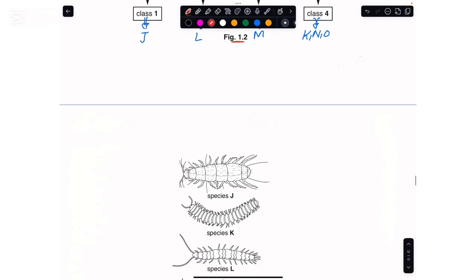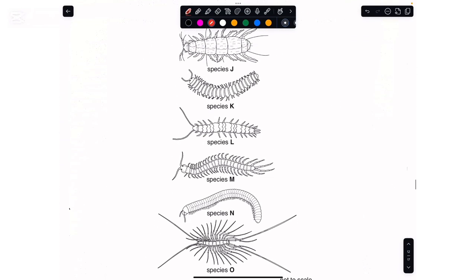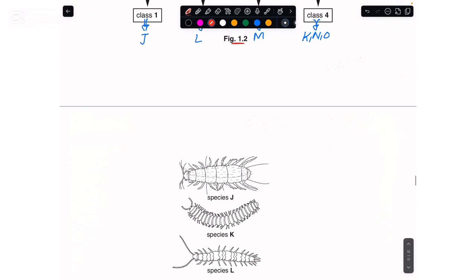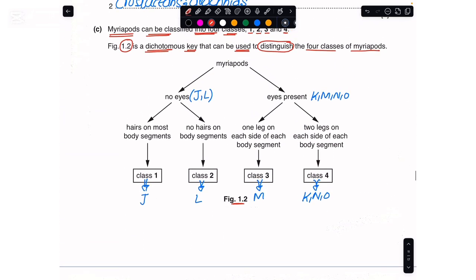If I just come here, they have given you myriapod species J, K, L, M, N, and O, and we are required to solve them with the help of the dichotomous key. Now here they say that there are myriapods, and the first point which they have given us says there are no eyes, and here they say the eyes are present.